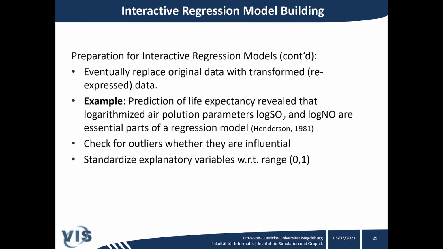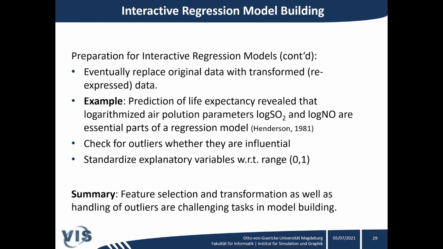Sometimes it makes sense to replace the original data with transformed, re-expressed data. For example, the prediction of life expectancy revealed that logarithmized air pollution parameters are essential parts of a regression model. Afterwards, check for outliers, whether they are influential, and finally standardize the explanatory variables with respect to the range of 0 to 1.